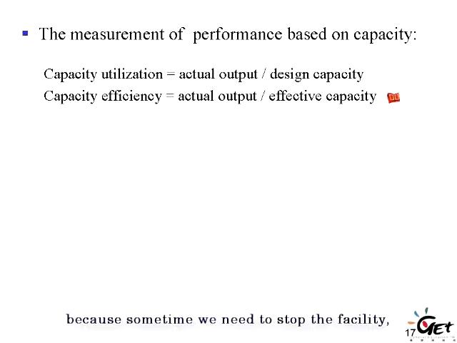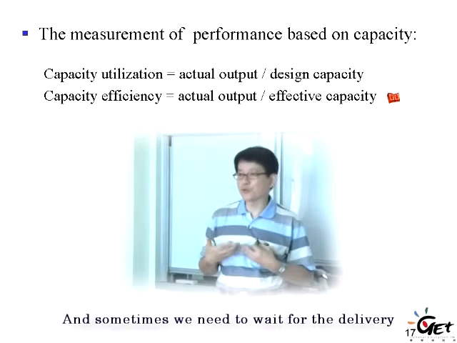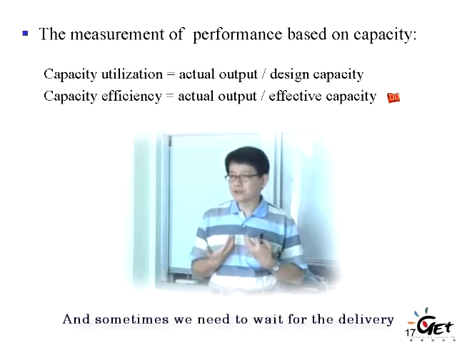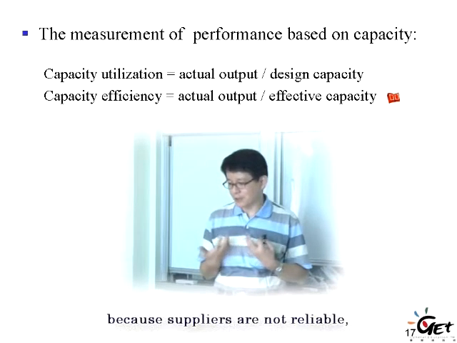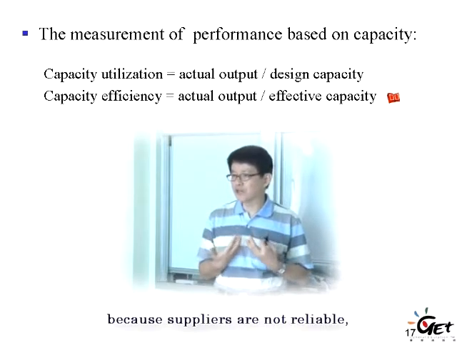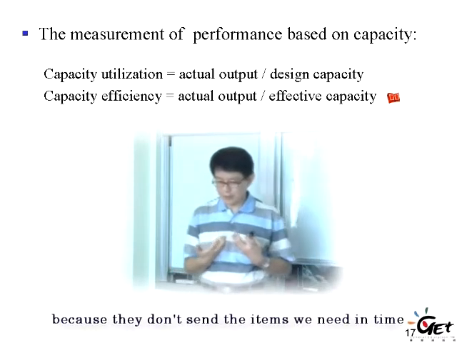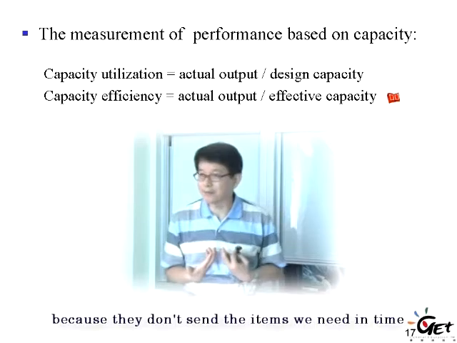Because sometimes we need to stop the facility, stop the function to wait for the regular maintenance or wait for the unexpected maintenance for the machines, for the devices, etc., right? And sometimes we need to wait for the delivery from our suppliers because the suppliers are not so reliable because they don't send the items we need in time.